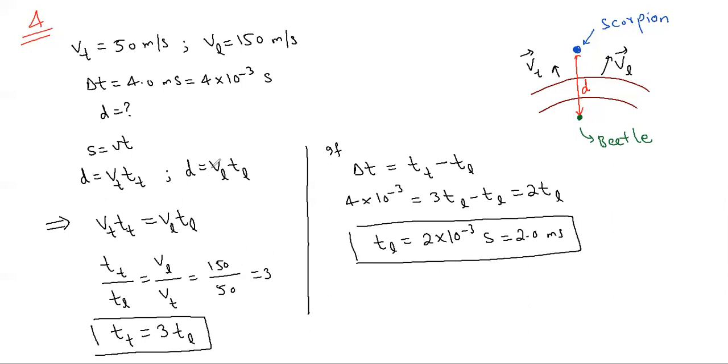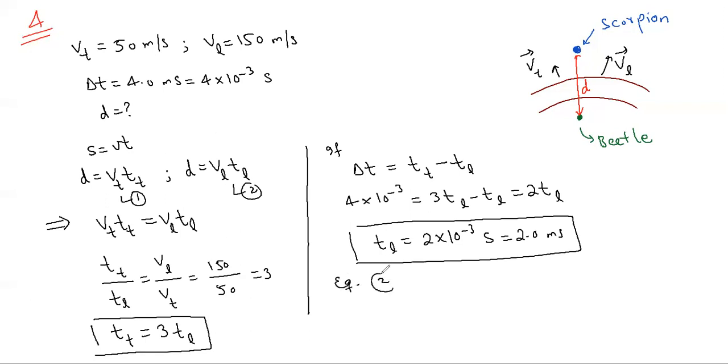From this you can calculate t sub t. Once you have calculated t sub t, you can find the distance using either equation number one or equation number two. But I think there is no need to calculate t sub t, so I can simply put t sub l into equation number two.